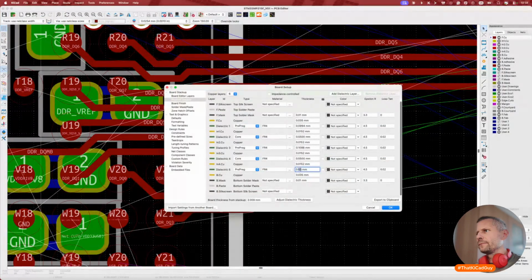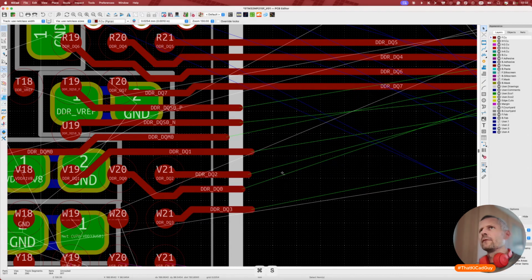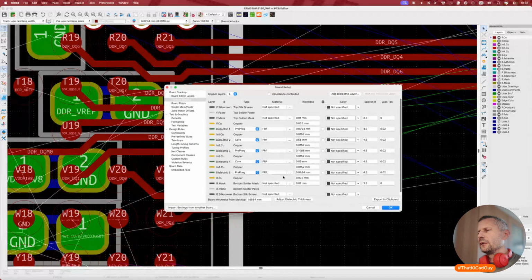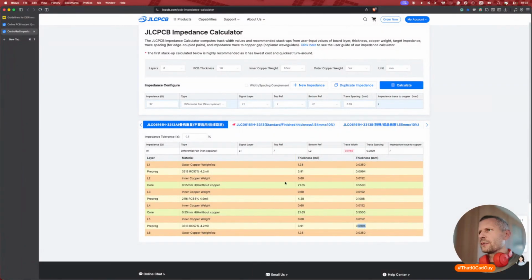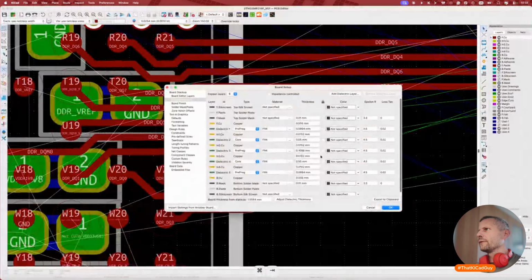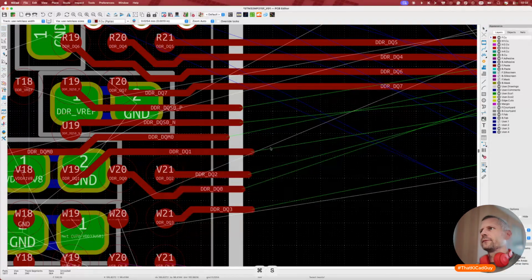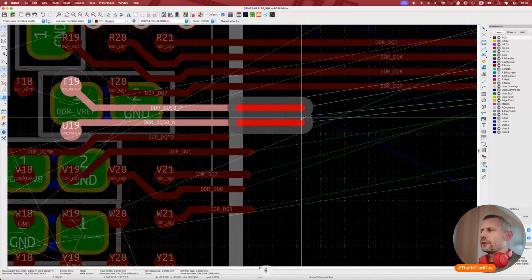No, here. Okay. Oh, yeah, that's the stack up. The electrical numbers are not here. The electrical parameters constants. Okay, so now I should be able to fan out the pair.